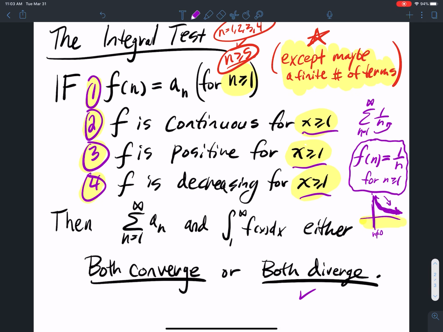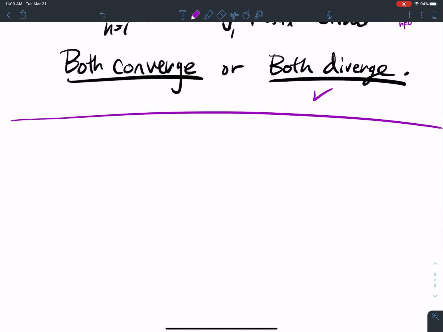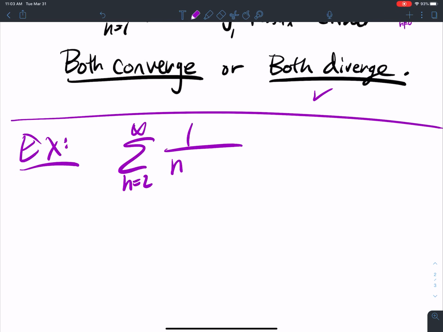So let's work through an example where we use the integral test. Here's an example: the series n equal 2 to infinity of 1 over n ln n.